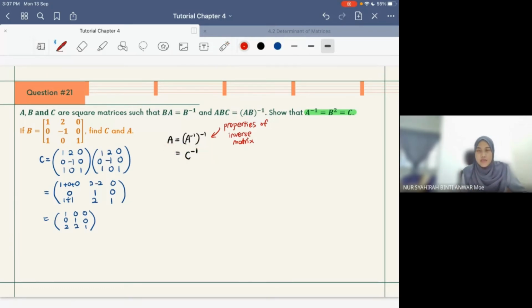To get C inverse we can use the adjoint matrix, or we can use ERO. Here I use the adjoint matrix because finding the determinant of C is easy, since this matrix is a lower triangular matrix. Okay, so to find C inverse using adjoint.